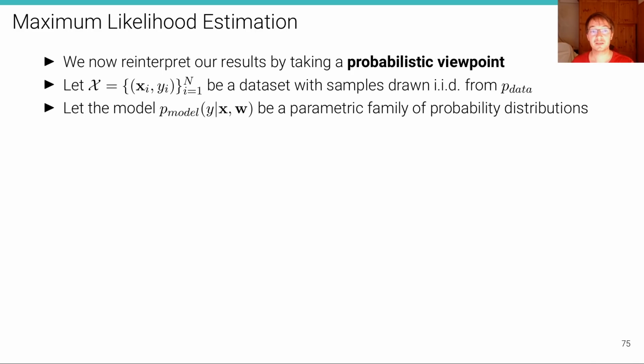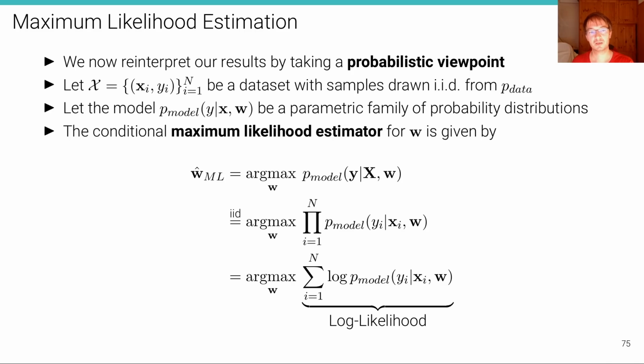And let now the model be a parametric family of probability distributions. So here we assume from a probabilistic viewpoint that the model is actually giving us a distribution over outcomes, not a point estimate of y, but a distribution over y's, given the inputs x and the parameters w. And we will see in a bit why we do that.